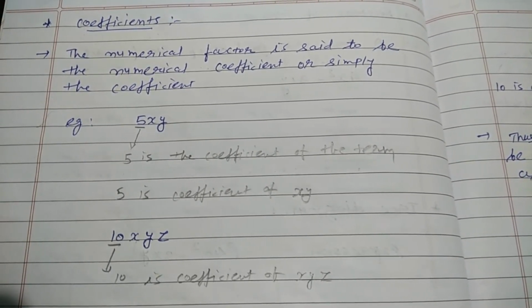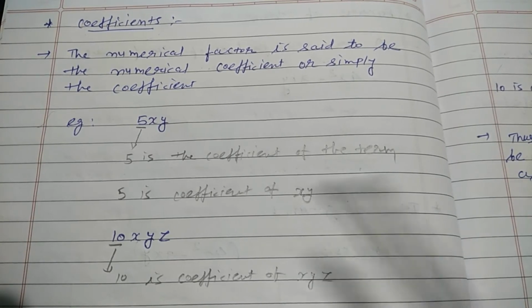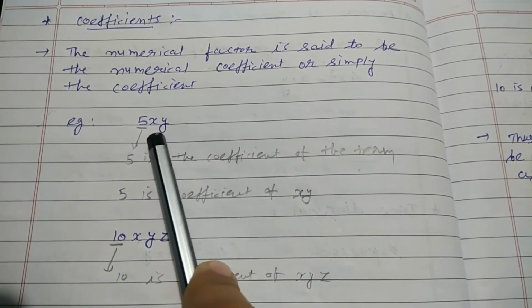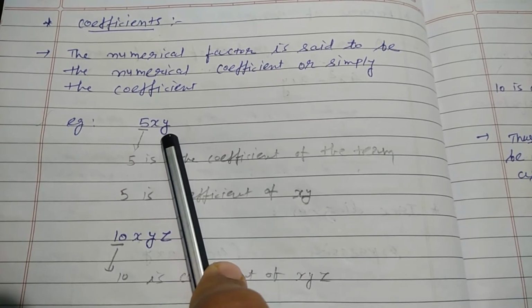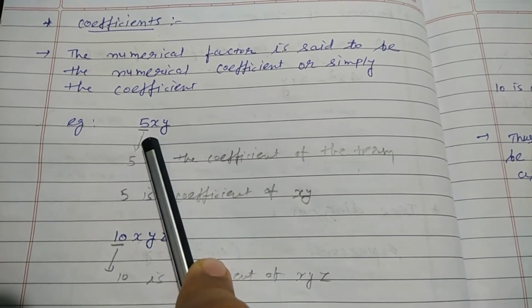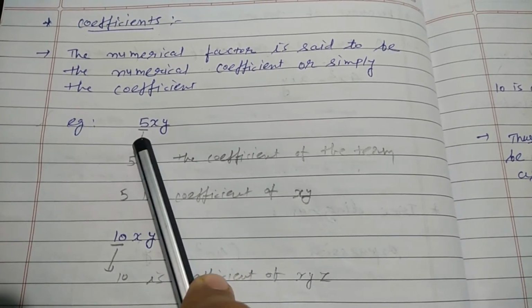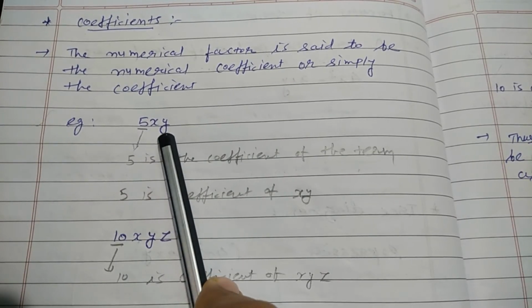Next topic, coefficients. The numerical factor is said to be the numerical coefficient, or simply the coefficient. Let's take one example. This is an expression having only one term, 5xy. Now what are the factors of this term? That is 5, x and y.